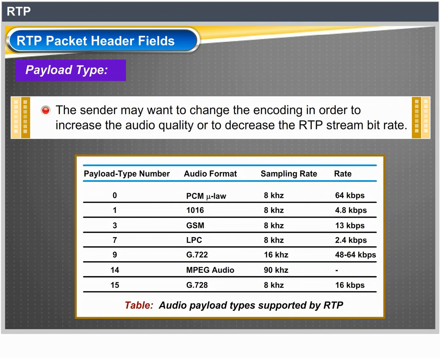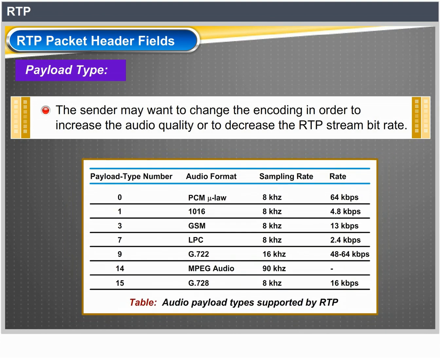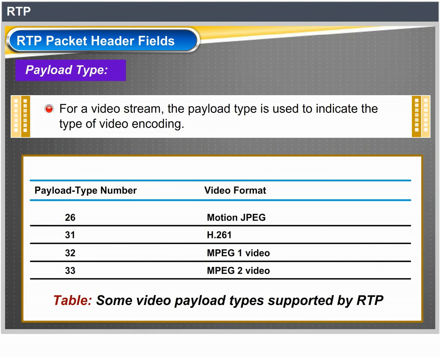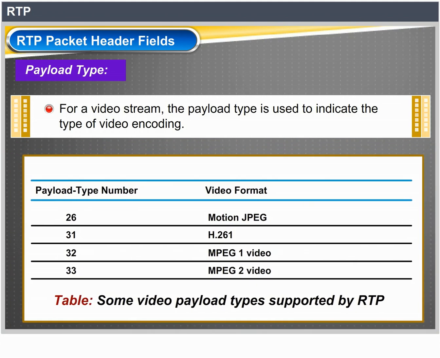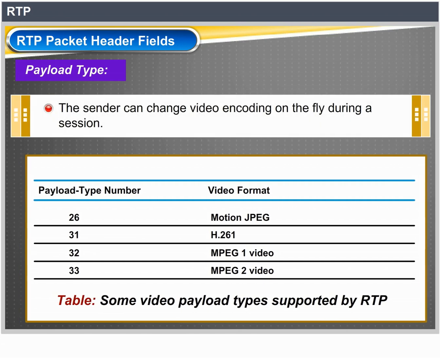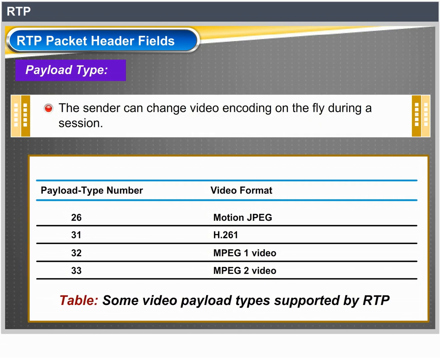The sender may want to change the encoding in order to increase the audio quality or to decrease the RTP stream bitrate. For a video stream, the payload type is used to indicate the type of video encoding. The sender can change video encoding on the fly during a session.